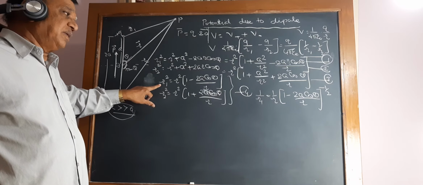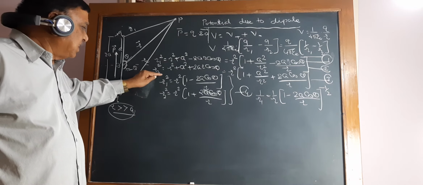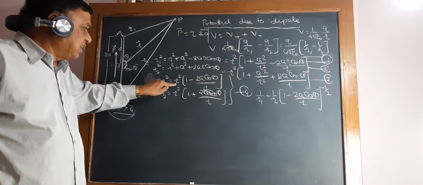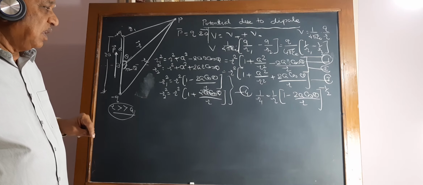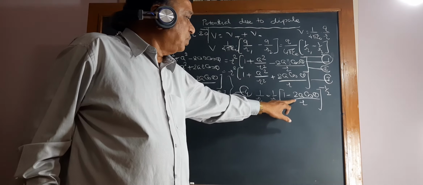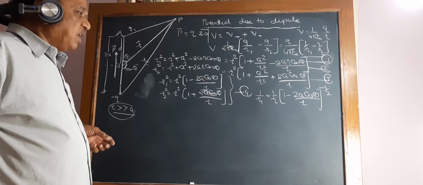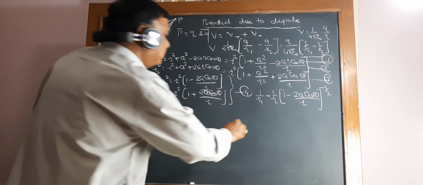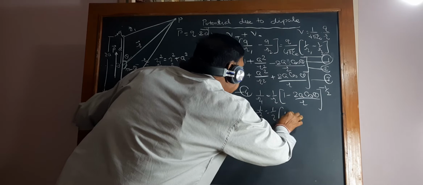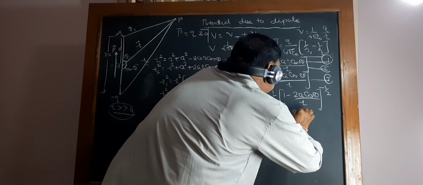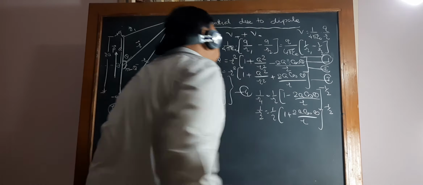And similarly for 1 upon r2, 1 upon r, 1 plus 2a cos theta by r raised to minus 1 by 2.